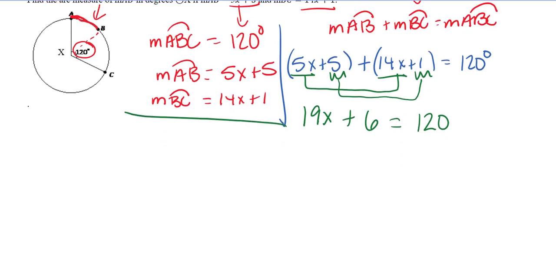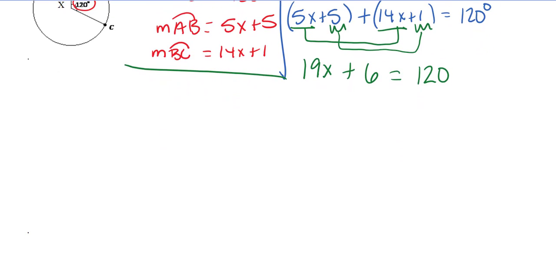Now, in order to get x by itself, the first thing we're going to do is subtract 6 on both sides, so that it's 0 on the left-hand side, and whatever we do to the left-hand side, we have to do to the right. So 120 minus 6 is equal to 114.